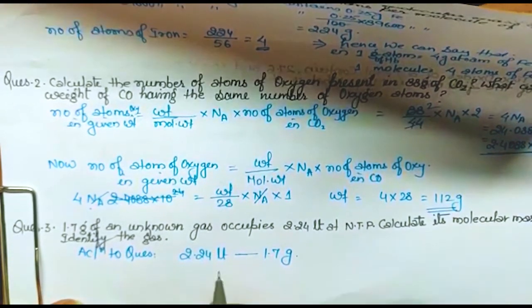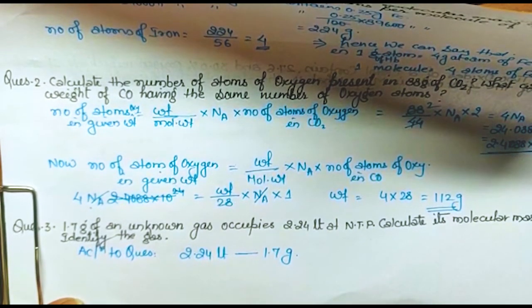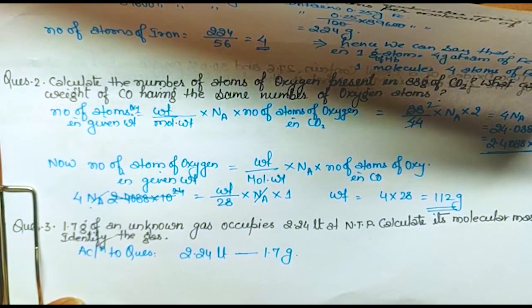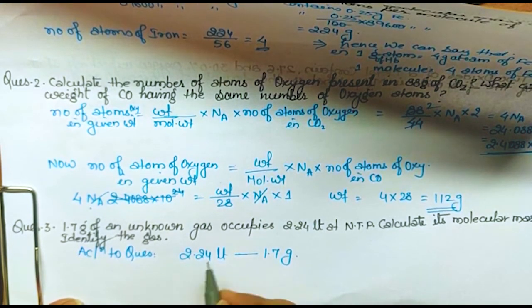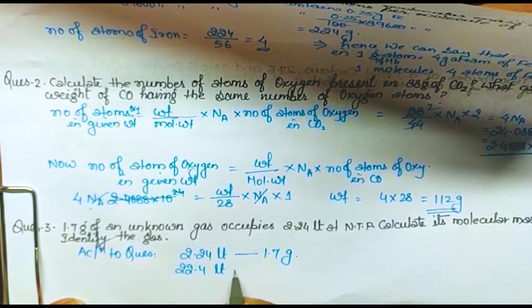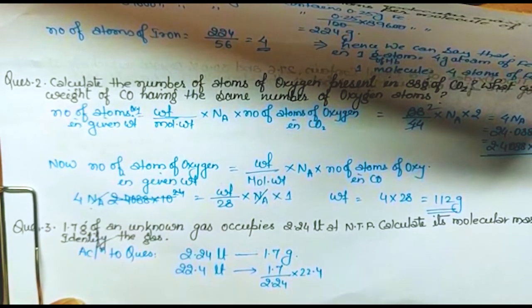Okay, so we know that 1 mole has a volume of 22.4 liter, and in 1 mole, weight is equal to molecular weight. So from 1 mole we can find the molecular mass, isn't it? This will give you 1.7 upon 2.24 into 22.4. Solve this.